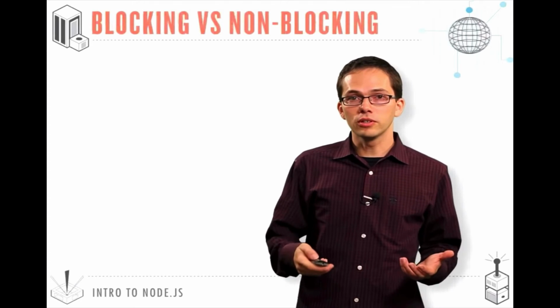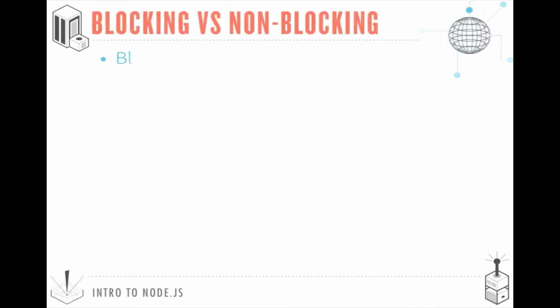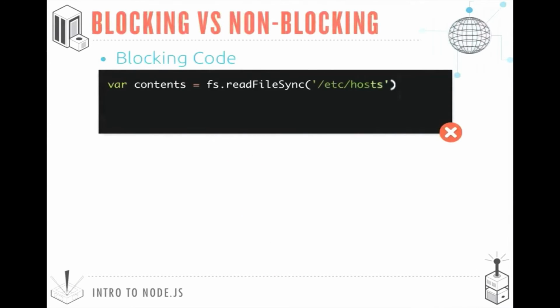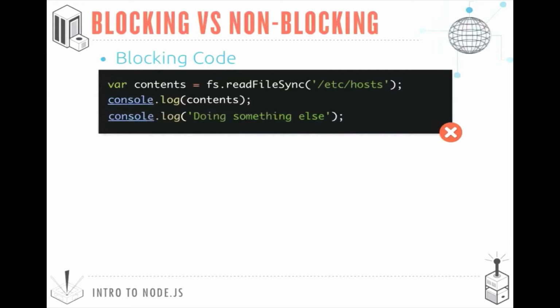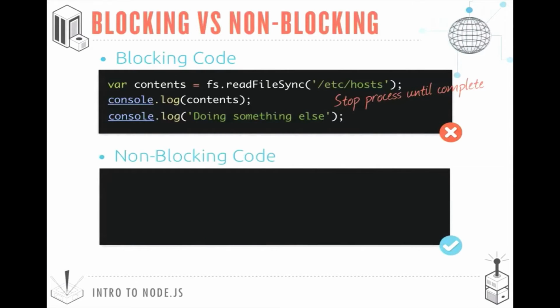And here's some actual Node code. First of all, the blocking version of reading out the file might look like this, where we're getting all the contents of the file, but then logging that out, and then doing something else. So obviously when this gets executed, it just runs one at a time. The non-blocking version of this in Node is going to call read file, and look at this.